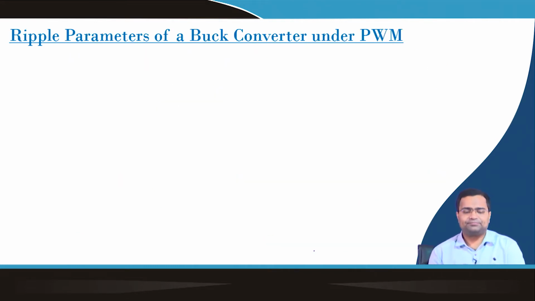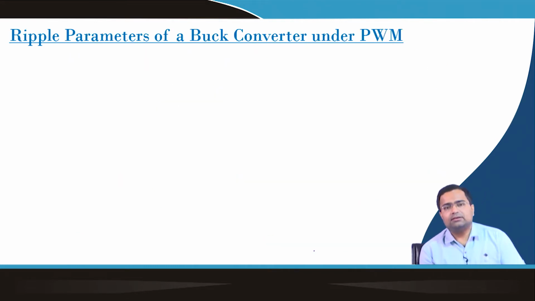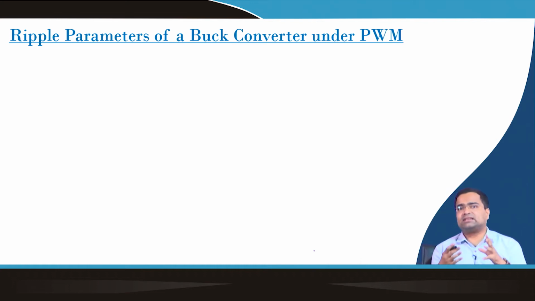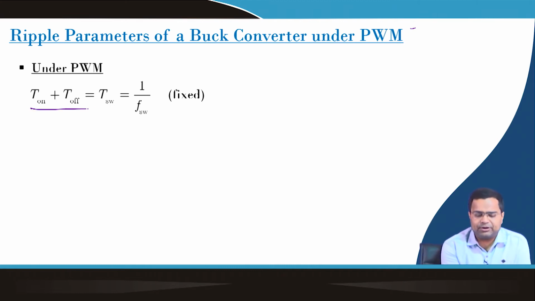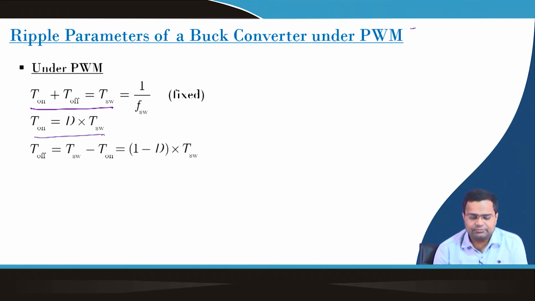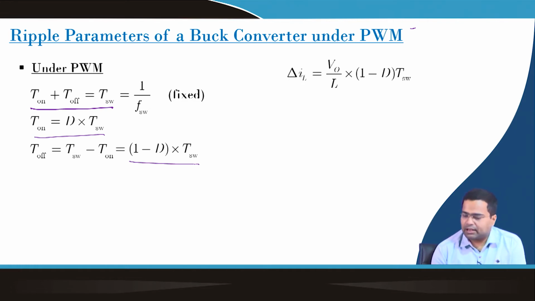Now, we want to analyze the worst case current ripple and voltage ripple, and here we have considered pulse width modulation, but we can take other modulation also. Under pulse width modulation, the total time period is fixed, on time is d into total time, off time is (1 minus d) into total time, and then the current ripple can be written in terms of duty ratio.